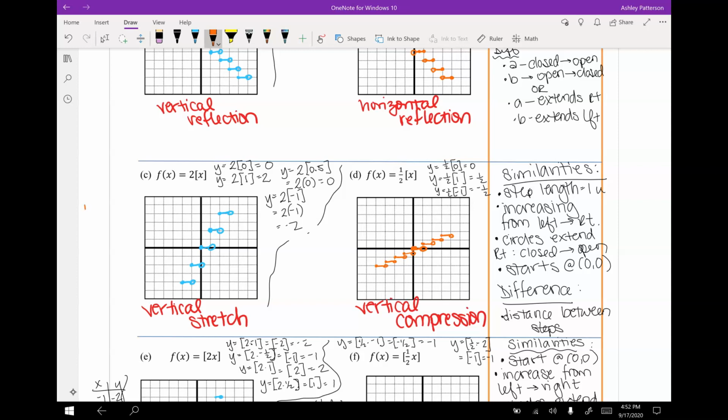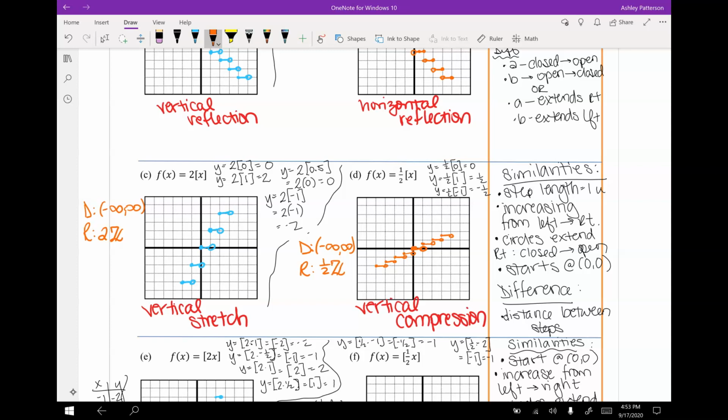So for C, our domain is still all real numbers. Are we noticing a trend here? I sure hope so. But the range is going to be every second integer, and it does occur at 0, so I don't need to set a spot for us to start. For example D, the domain is all real numbers, and the range is every half integer.